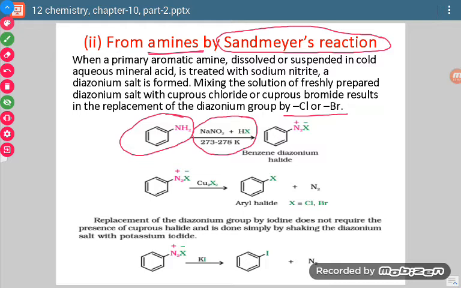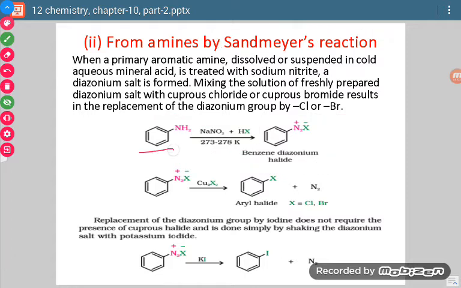That mixture will help in formation of the diazonium salt. So aniline first gets converted into benzene diazonium halide, whichever halo group we have taken. If we have taken chloro group, then it will be benzene diazonium chloride. If bromo group, then it will be benzene diazonium bromide.